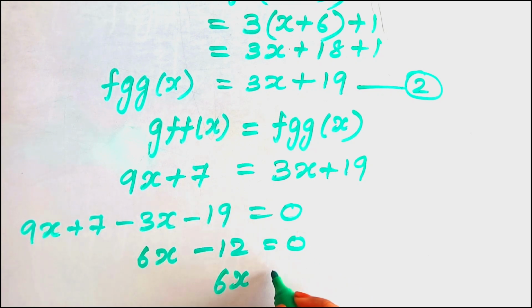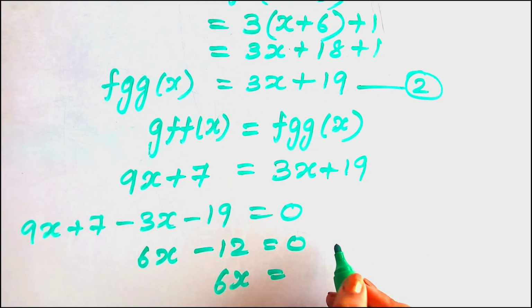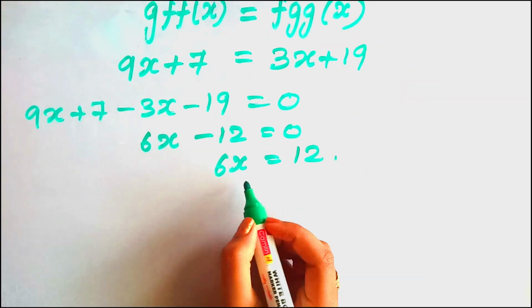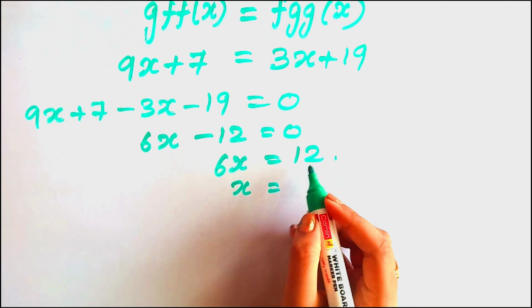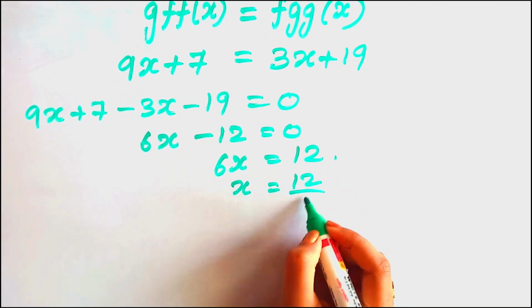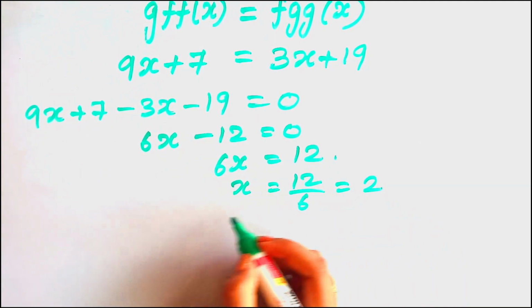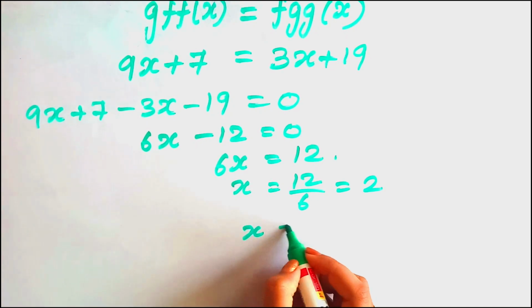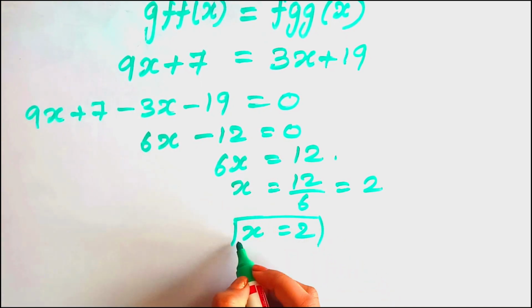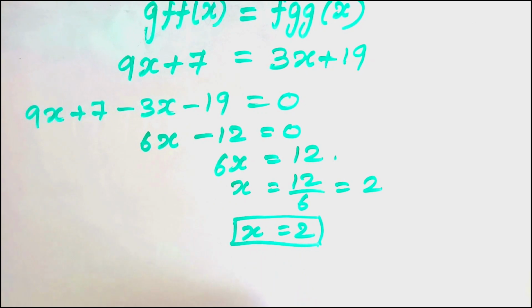Now 6x is equal to, while minus 12 goes to the right hand side, it will be a plus 12, and then we have to take 6 to the right hand side, so that we'll get 12 divided by 6 is equal to 2. So therefore x is equal to 2. We have found the value of x here.